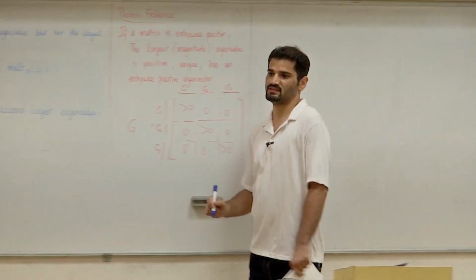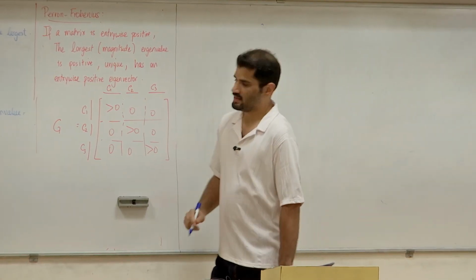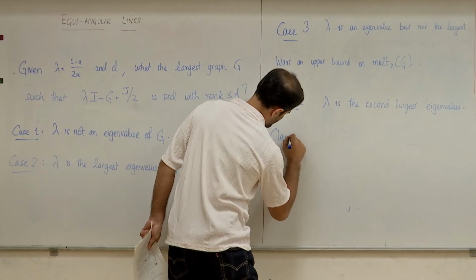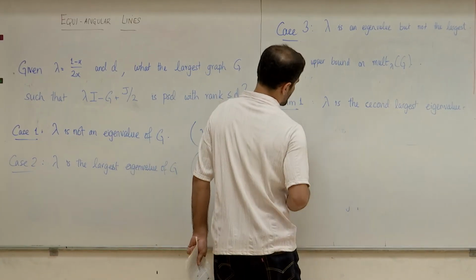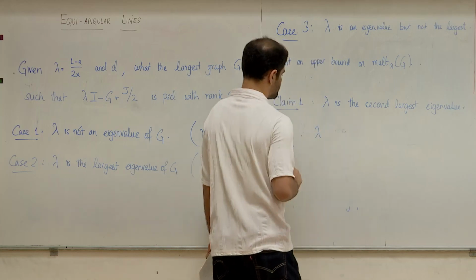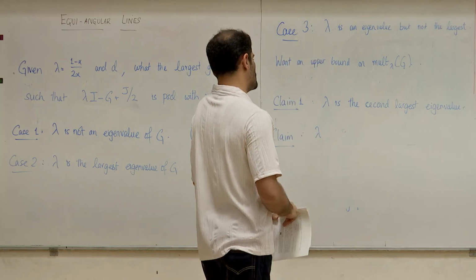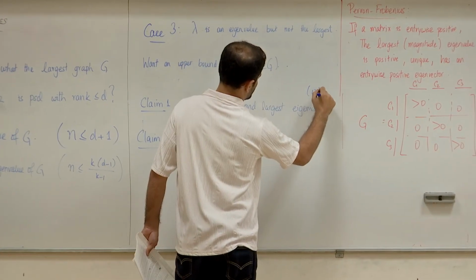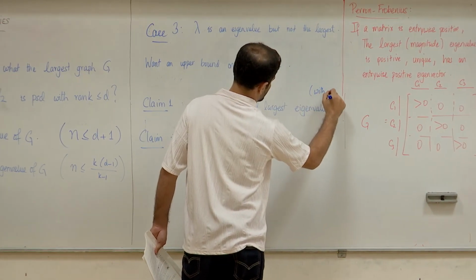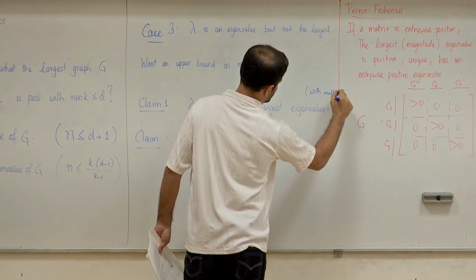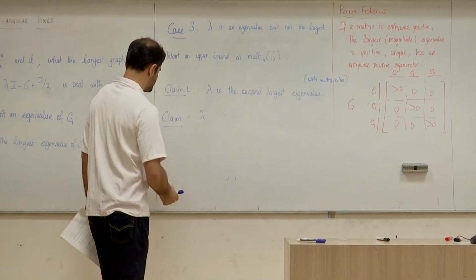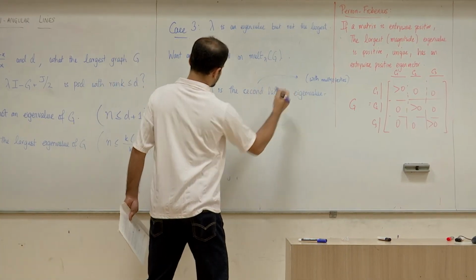This will be the first thing I will say. By the way, this is even with multiplicity, like there's only a unique largest one with multiplicities. The second is with multiplicities.